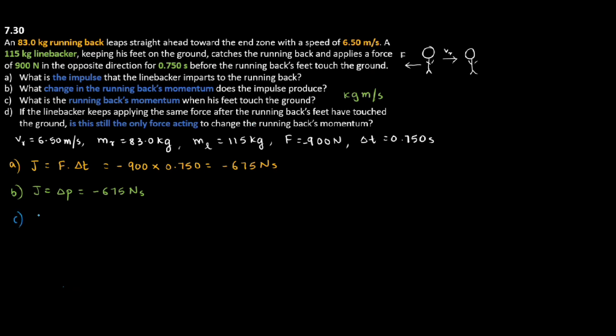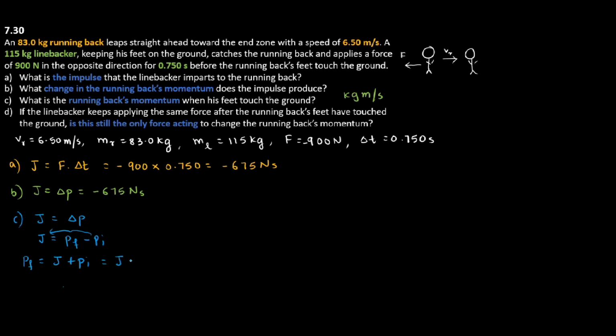We know from the impulse momentum theorem, impulse is equal to change in momentum. So we can write impulse as final momentum minus initial momentum. And I can calculate my final momentum by rearranging the terms. P final will be J plus P initial. I will just move P initial to the other side of the equation. Minus will become plus.